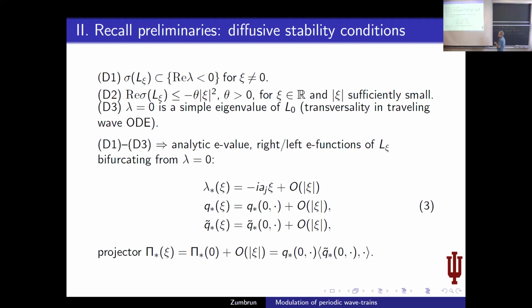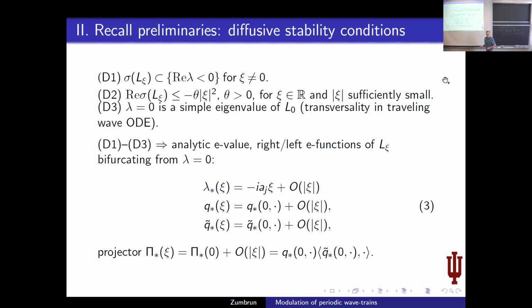So L was the linearized operator around the wave. L_C was the Bloch transform of that operator. We assumed it had negative real part spectra, so stable, and departing as C departs from 0. This is moving quadratically to the left, and lambda equals 0 is a simple eigenvalue. So 0 is the non-decaying background.